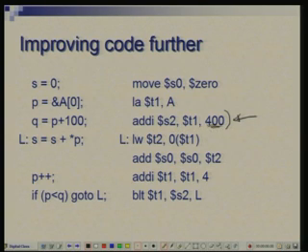It is 400 which is added here in place of 100, and S2 now contains the starting address of A plus 400, which is now the final address. So, rest is same and the comparison here is between P and Q, right. So, this is our final code after having all these improvements done.